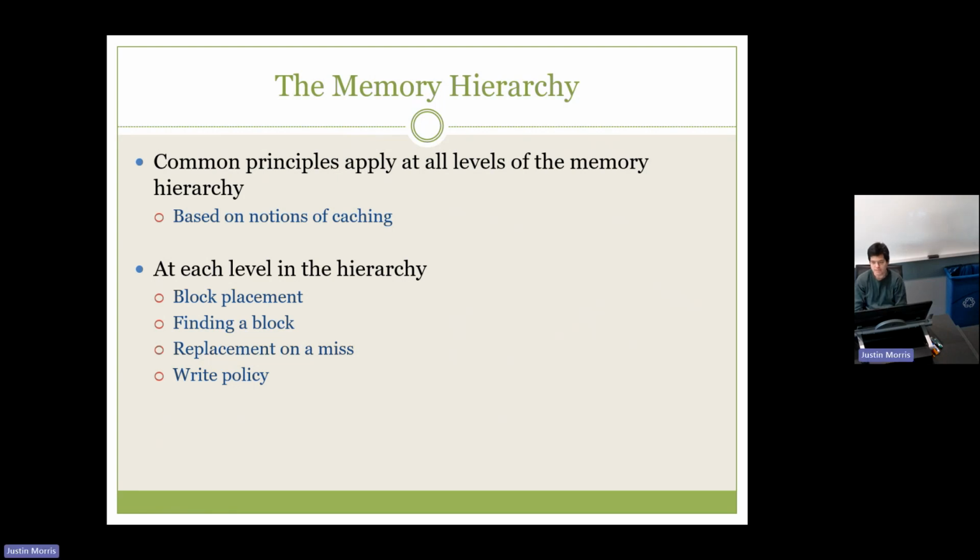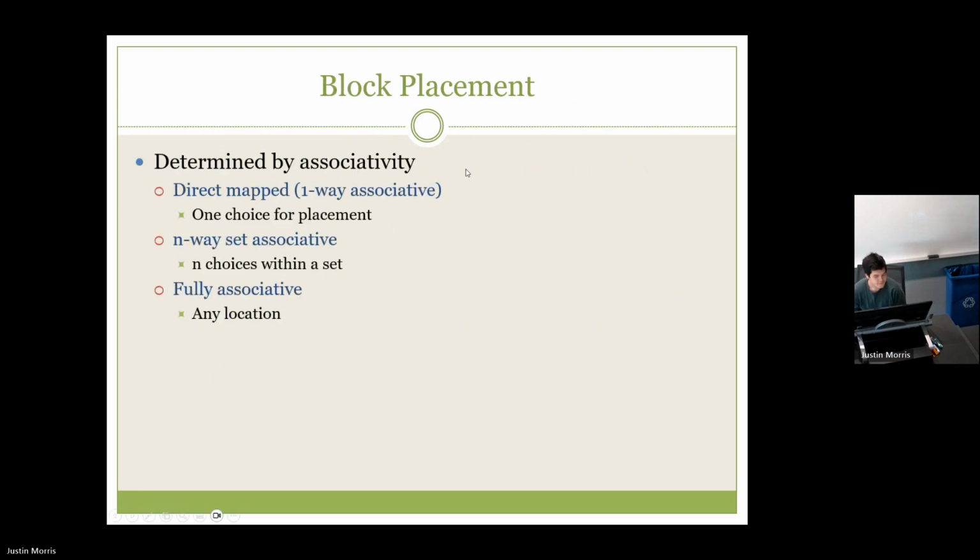What about write back? You do it later and then put it to memory. It's only when I'm taking it out of the cache that I need to now update memory. Okay. But this leads to inconsistencies between cache and memory. So block placements, right? It's determined by associativity and also the size of our cache. So for direct map, we have one place, one choice.